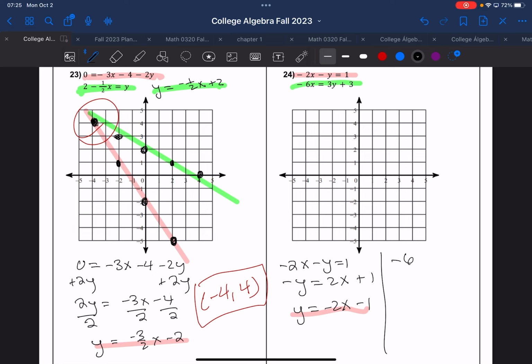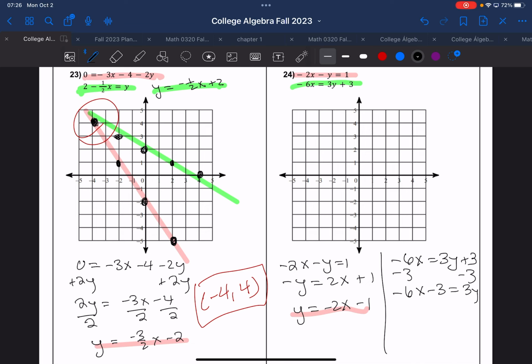Now we have negative 6x equals 3y plus 3. We want y by itself, so what should we do? Subtract 3. Subtract 3 over. So I have negative 6x minus 3 equals 3y.